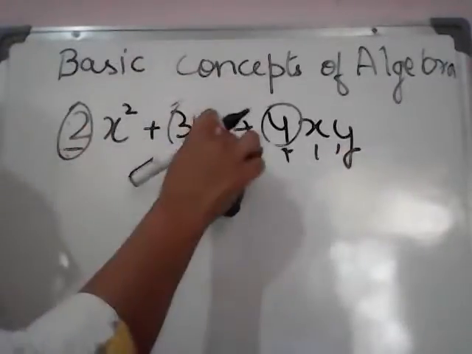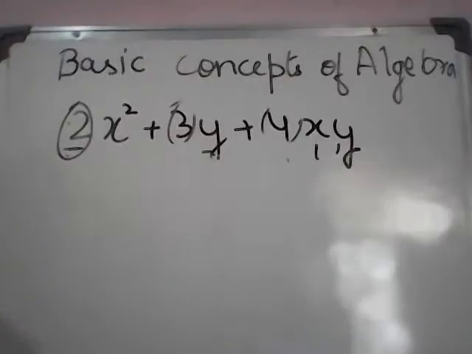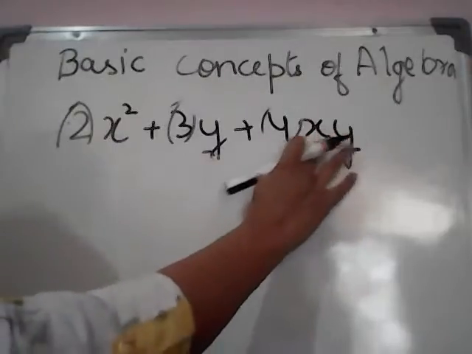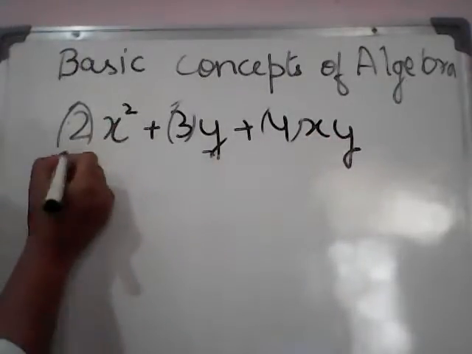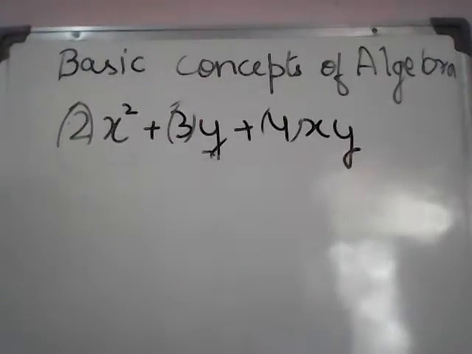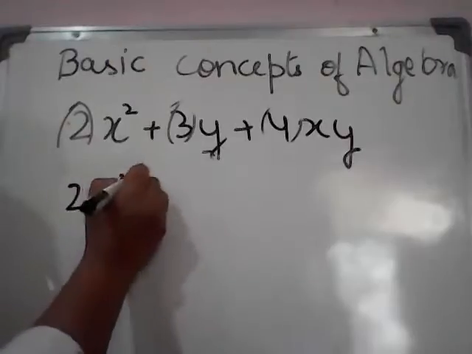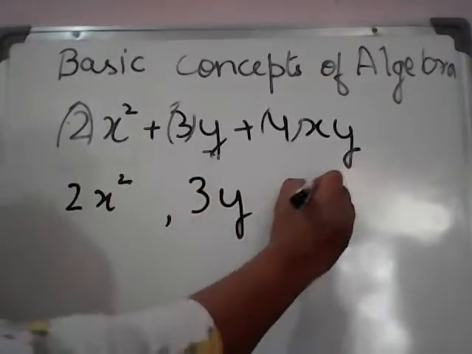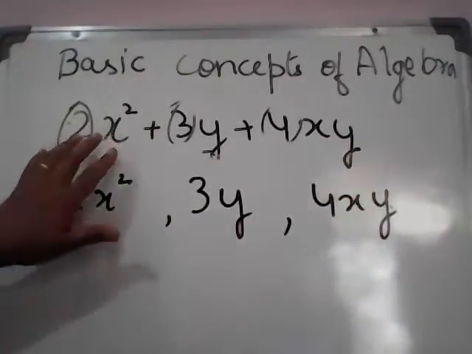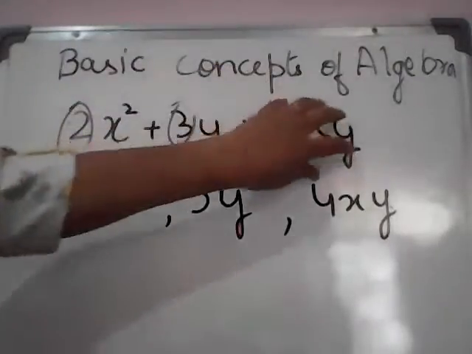Now what are terms? Suppose this is an expression: 2x square plus 3y plus 4xy. Terms are formed when we separate these constants and variables with the sign of plus or minus. Here 2x square is one term, 3y is another term and 4xy is another term, because these are separated from each other with a plus sign.